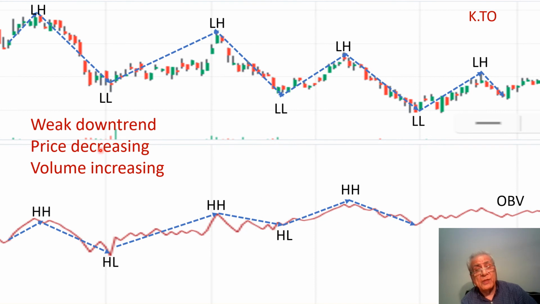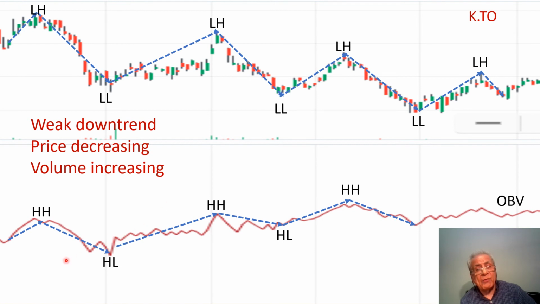So the volume is increasing and the price decreasing, which translates into a weak downtrend, but near reversal. It means the power of the sellers in the market is diminished, and strong power from the buyers is entering the market and will push the price upward.